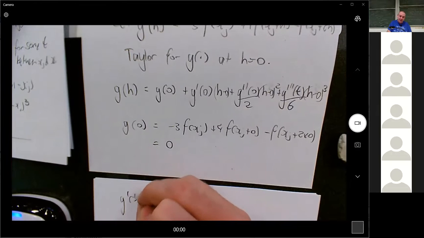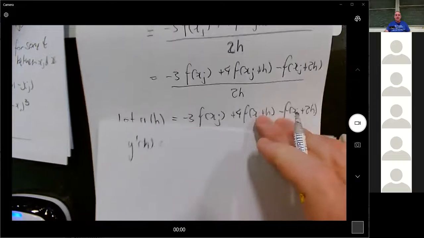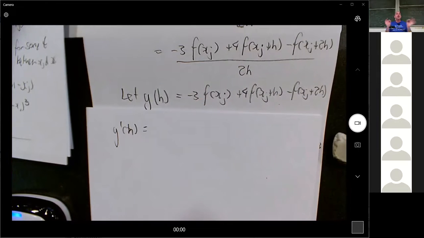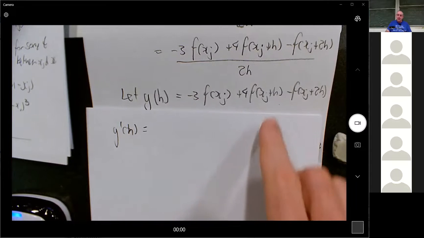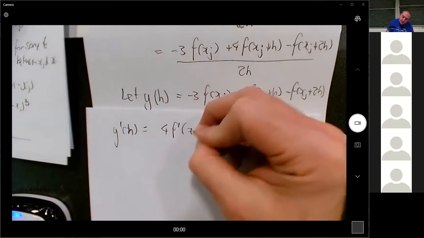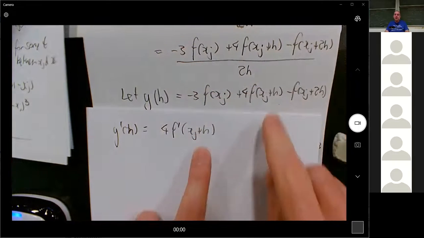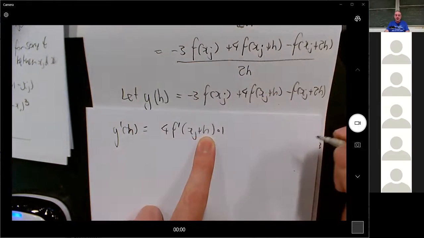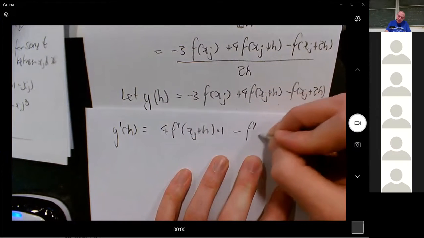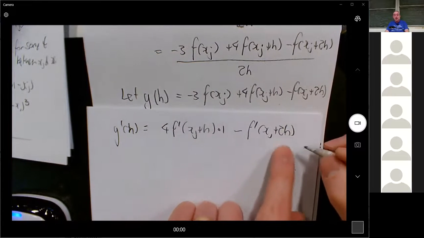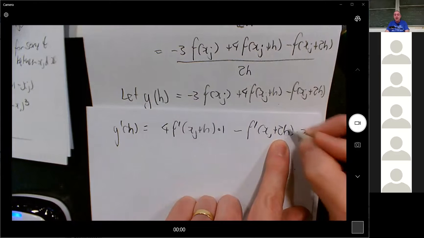And g dashed of h, I differentiate g with respect to h. So this does not involve any h's, so it will disappear when I do the derivative. This will be 4f dashed of xj plus h times the derivative of the inside, which is 1, because that's how many h's there are. And this is f dashed of xj plus 2h times the derivative of the inside, which is 2 because there's 2 h's there.